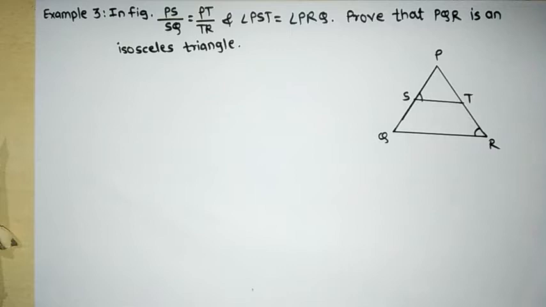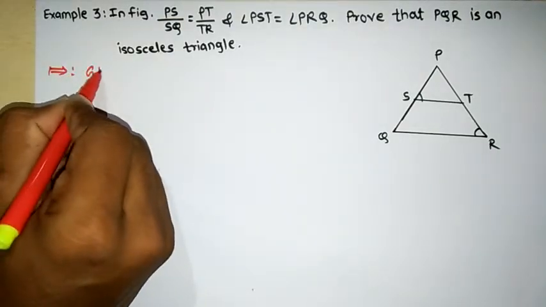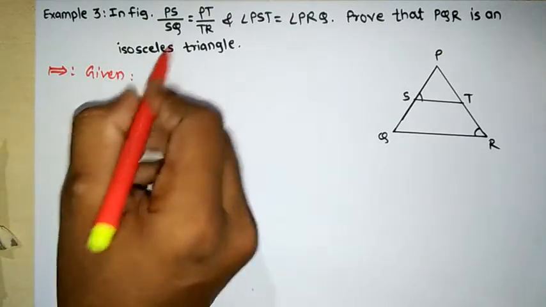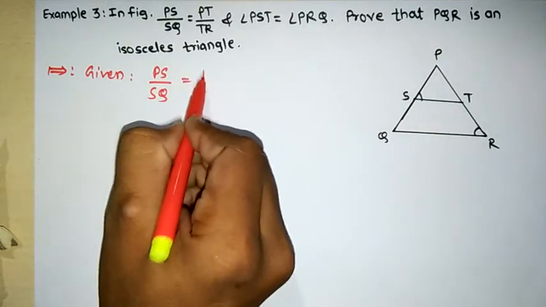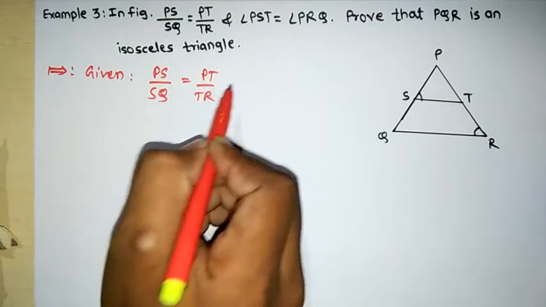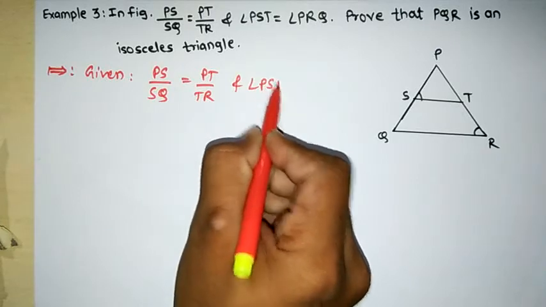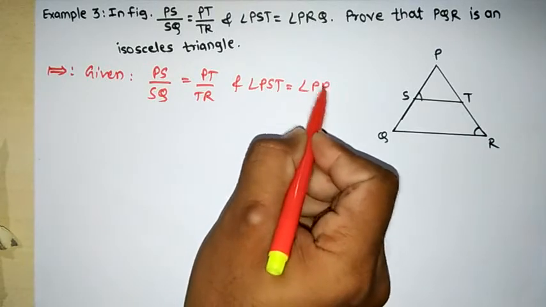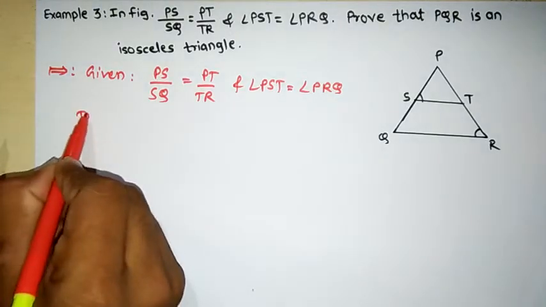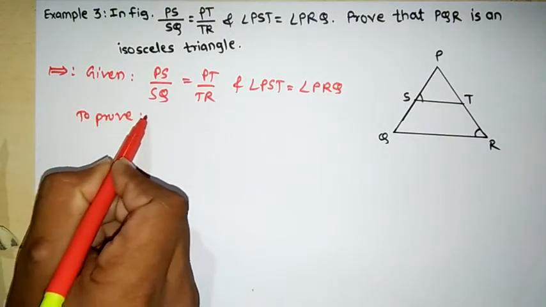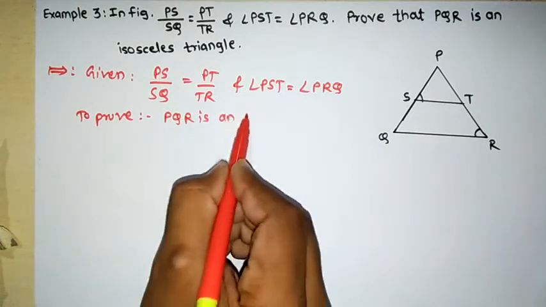See here how to prove this. I will write first the given data. Given that PS divided by SQ is equal to PT divided by TR, and angle PST is equal to angle PRQ. To prove, PQR is an isosceles triangle.